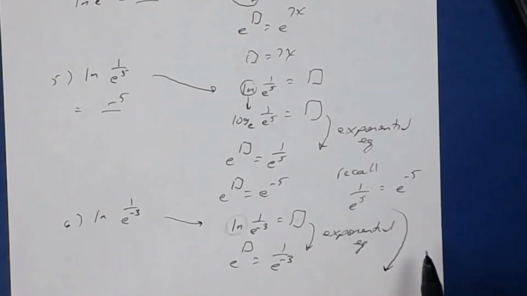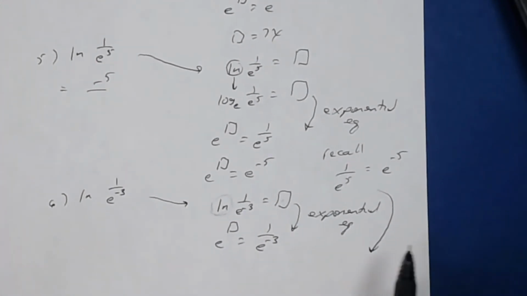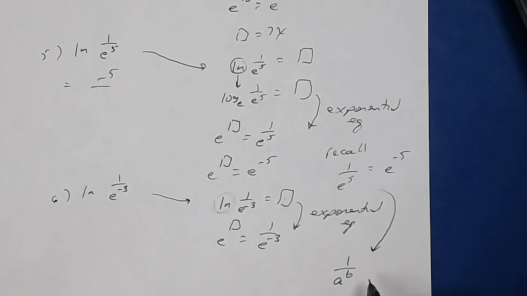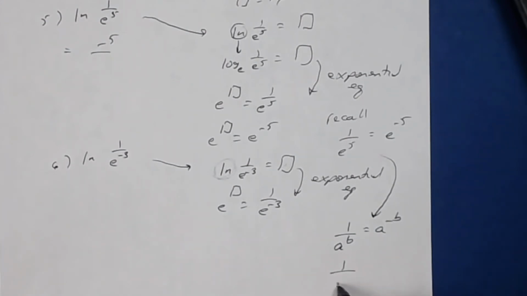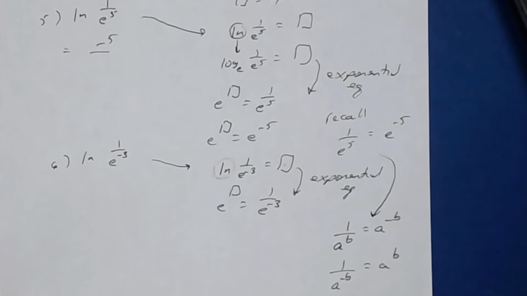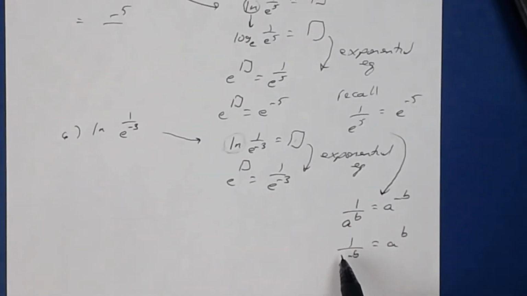Let's go a little bit further. In other words, if you remember the property from a previous course, 1 over a to the b power means a to the negative b, all right? And then 1 over a to the negative b power means a to the b. So whenever you go from the denominator and bring it to the numerator, the sign of the exponent changes. Same thing here.